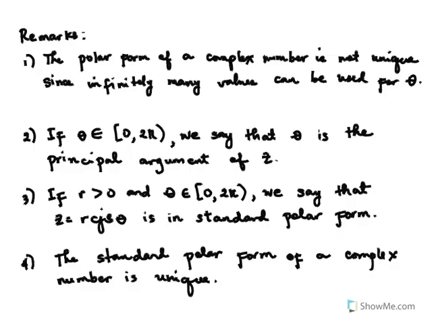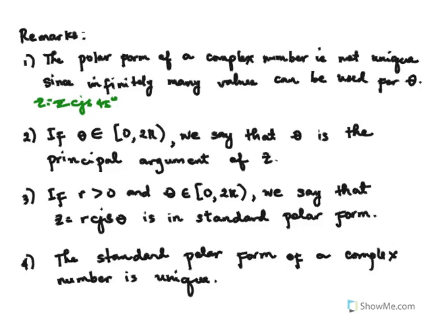Now, some remarks: the polar form of a complex number is not unique, right? Because there are infinitely many values that can be used for theta. So, halimbawa, kapag meron kang complex number na Z equals, let's say, 2 CJS 45 degrees. Okay? Kasi yung theta mo can be represented in radian measurement or pwede rin naman naka-degree measurement.